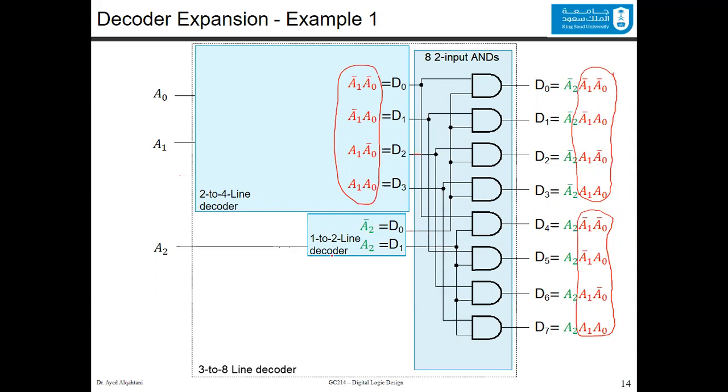The 1 to 2 line decoder outputs will be split into 2. The A2 bar will go here to the first group, and the A2 will go to the second group.